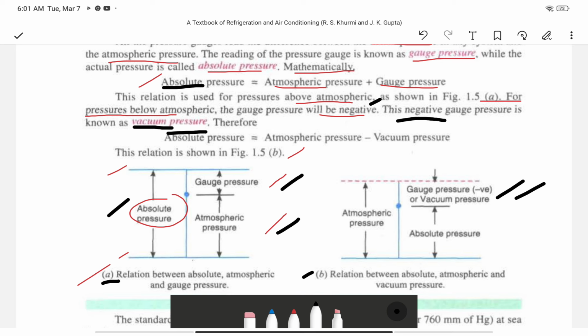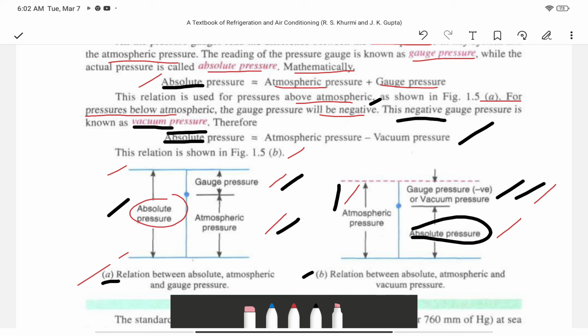Therefore, absolute pressure is equal to atmospheric pressure minus vacuum pressure. Take note of that.